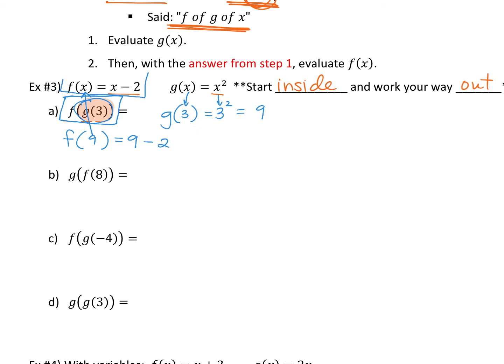So I'm just plugging it into this f of x function. 9 minus 2 is 7. So that means f of g of 3 is 7. Okay, so it's kind of like you're solving two problems. You're solving the inside one first, and then moving to the outside version of it.